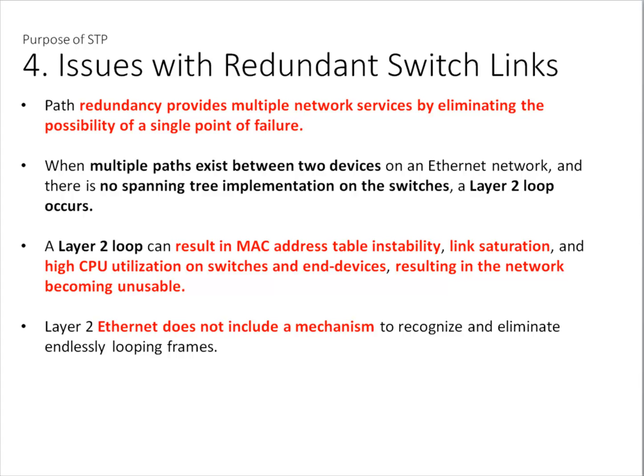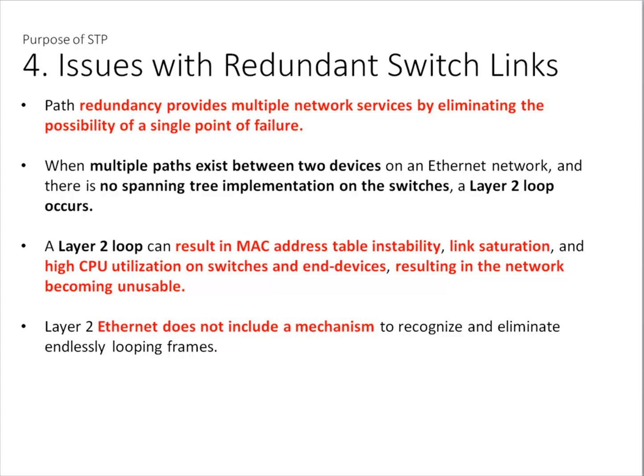Now, issues with redundant switch links. In this slide, we are going to discuss the issues with redundant switch links. Because of redundancy, what are all the issues available? We already discussed there are some advantages, and at the same time there are a lot of disadvantages.